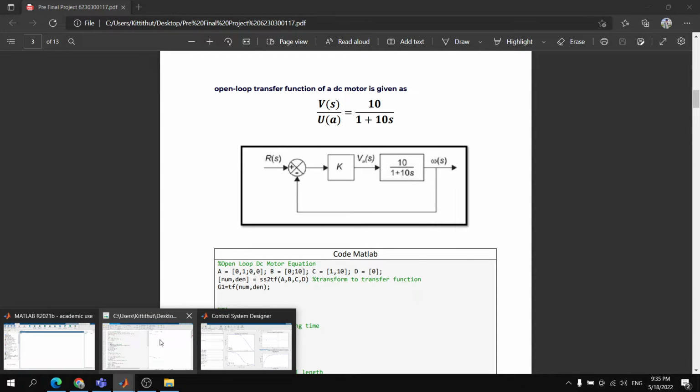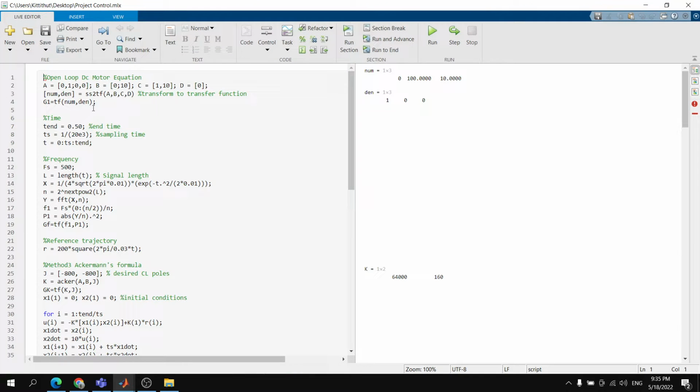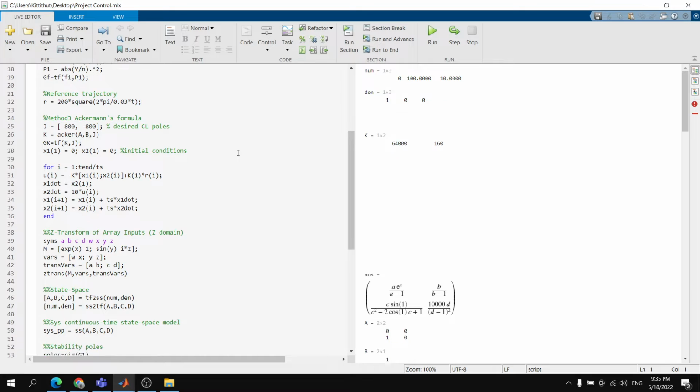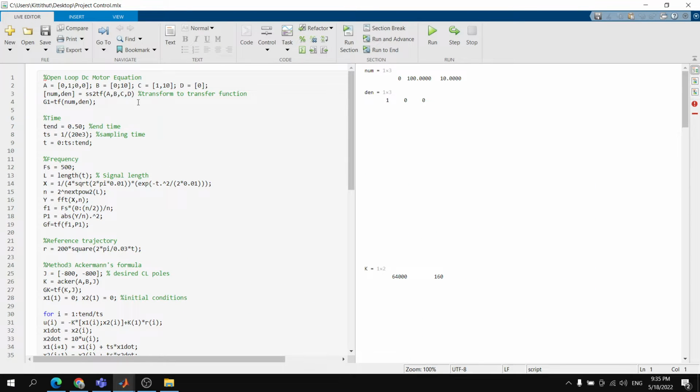Next, I show the program, and this is the code for the DC motor. In section 1, I write the transfer function of the DC motor and transform it to transfer functions.